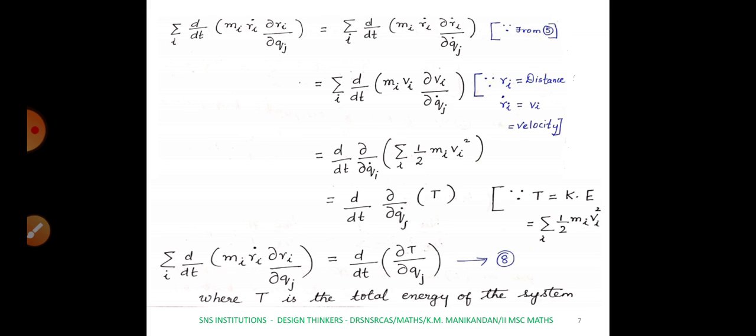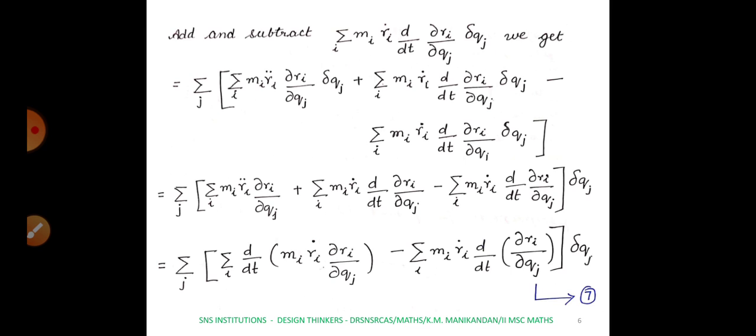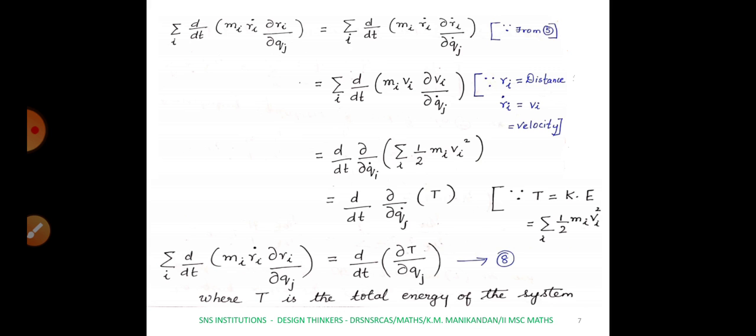Next we separately find the value of the first term in equation 7, that is, summation i of d by dt of mi into ri dot into dou ri by dou qj. This can be written in the form mi ri dot dou ri by dou qj. We know that dou ri by dou qj is equal to dou ri dot by dou qj dot. This is obtained from equation 5. So we substitute here, and ri dot is nothing but vi. So ri dot is replaced by vi, mi into vi into dou vi by dou qj dot. From this term we take d by dt of dou by dou qj dot outside.